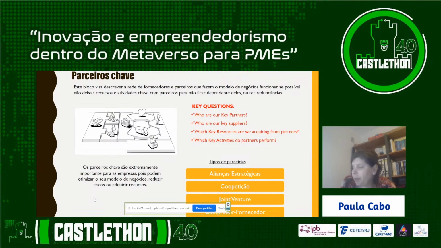Before the plantation, they already sold the crops to the company that produces the beer. So we can have these partnerships, can be joint ventures, can be supplier and buyer agreements.